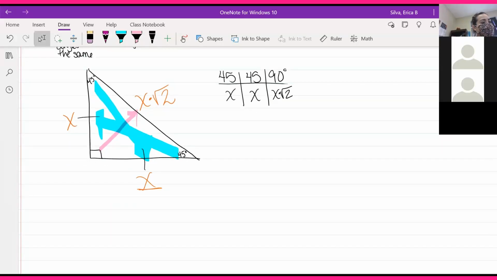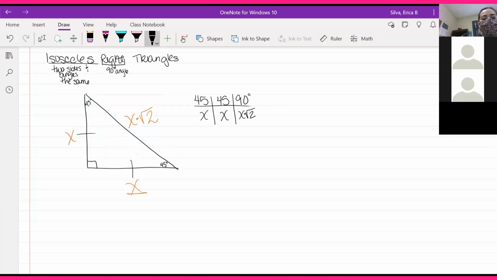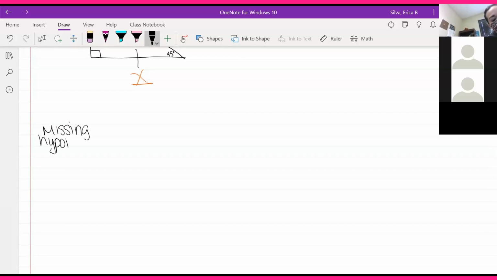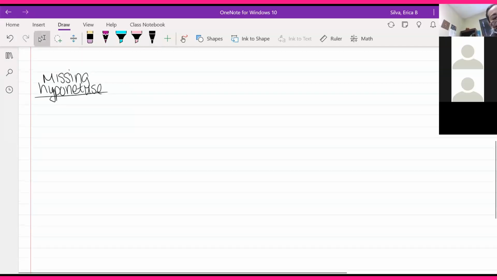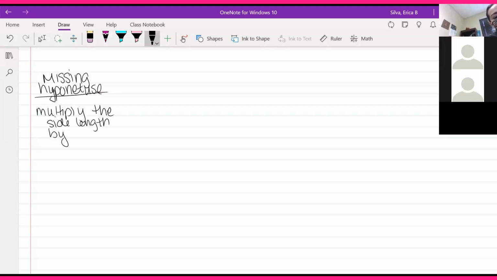Okay, we're going to start with one example. But before we do that, we can have 2 little notes. If we are missing the hypotenuse, then all we have to do is multiply the side length by the square root of 2.